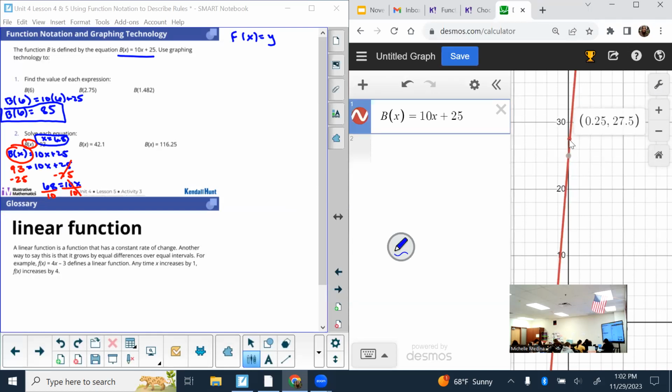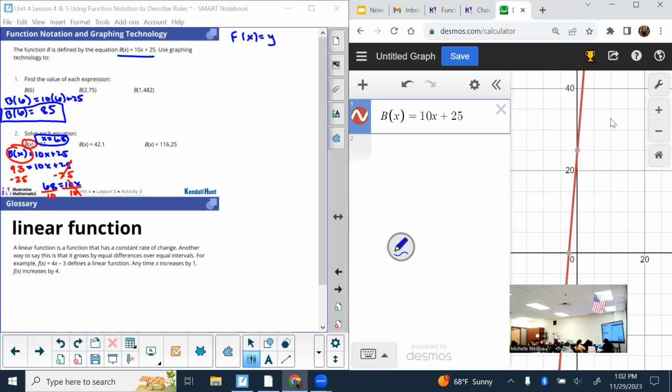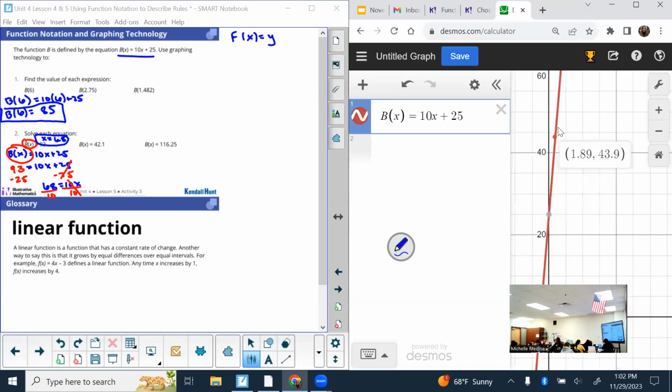for example, when my input is 2.75, just kind of hang on to it until you get to the part where it's 2.75. So here's 2.46. I got to keep holding. Okay, you see that? Because if I let go, it's going to go away. So at 2.75, what's my output?